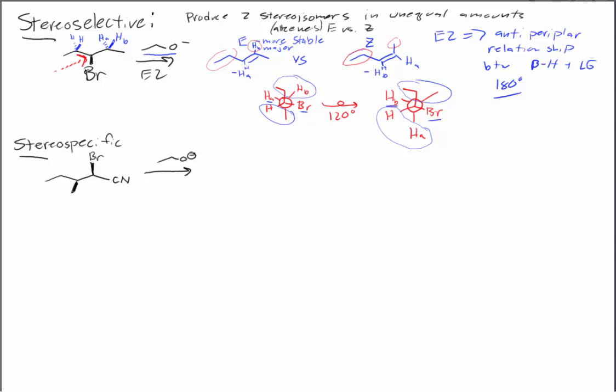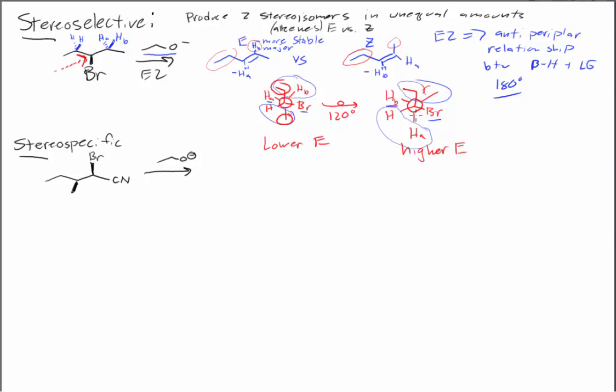And if I were to ask you way back in Chapter 4, which of these Newman projections would be higher in energy, you should tell me that the first one has lower energy because the two large groups are opposite each other. And this one has higher energy. Not the highest energy, because we'd look for an eclipsed version, but this one has higher energy with the two large groups having this gauche interaction.